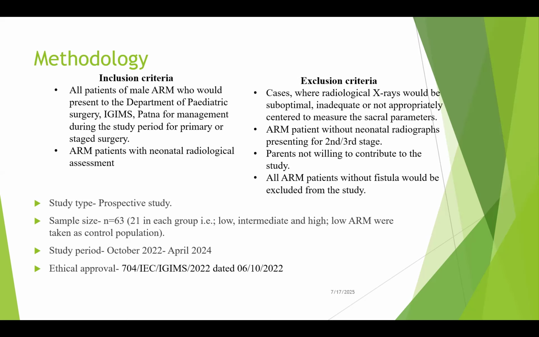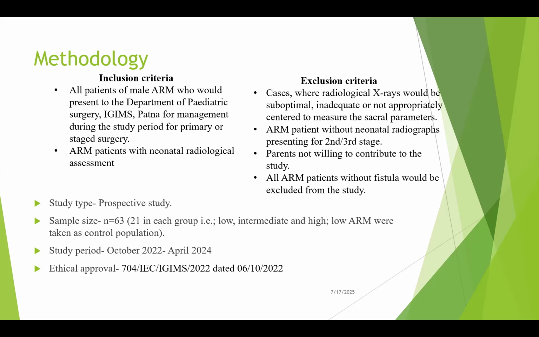But I have data from the previous year during the study period. Around 140 patients were admitted, and around 20% were having vertebral anomalies. So you have written in your manuscript that the incidence of sacral anomalies in ARM is roughly around 30%.